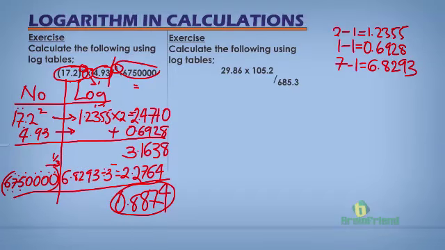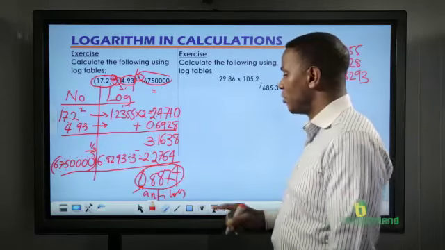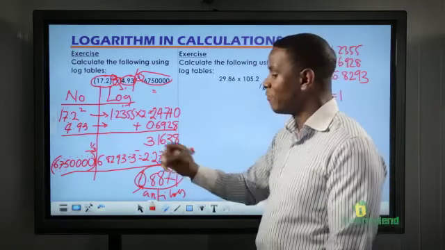It therefore means that to get that number, we would need to find the anti-logarithm of 0.8874. To find our anti-logarithm, the integer part would be 0, which is the value of the integer of our number, plus 1, and that's 1. 1 indicates that we would have 1 digit before the decimal point in our final answer.